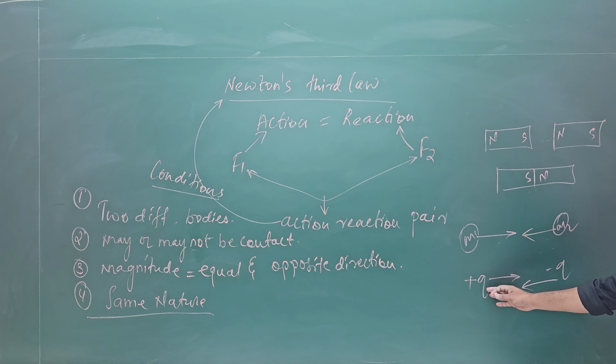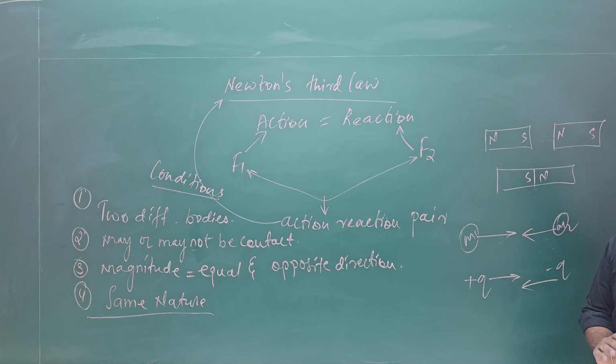Okay. They are not in contact. Two bodies again. But what kind of force is there? Both are electrostatic force. I got my point. Similarly, in one more example, we discussed two normals now. Okay. Let's say this one is your body 1, this one is your body 2, N1 and N2 both are acting in the opposite direction.